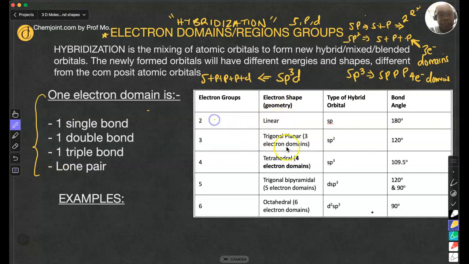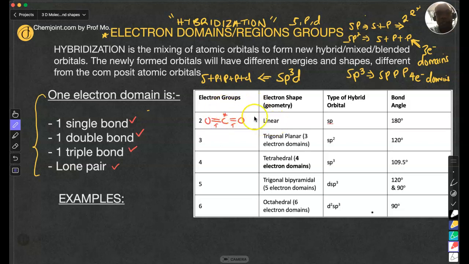So let's say that you have CO2, carbon dioxide. How many electron domains do we have on that carbon? One electron domain could be a single bond, a double bond, a triple bond, or a lone pair. So this carbon in the middle has 2 electron domains, a double bond to the left and a double bond to the right.